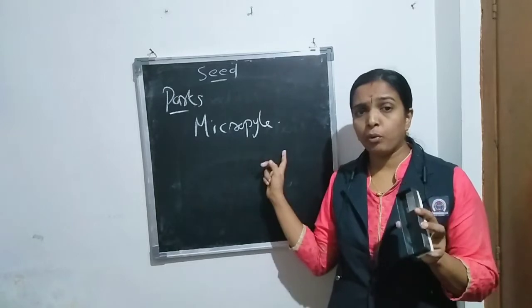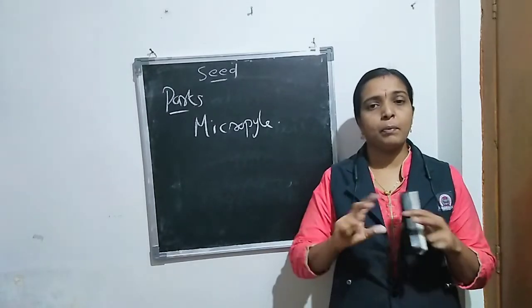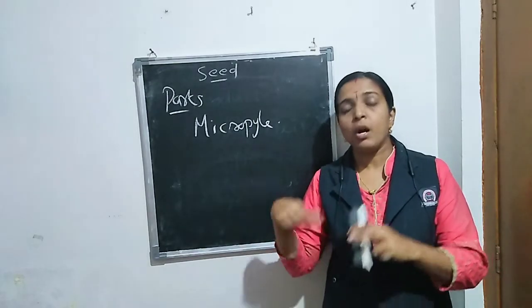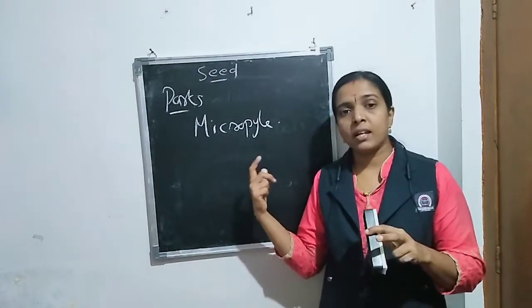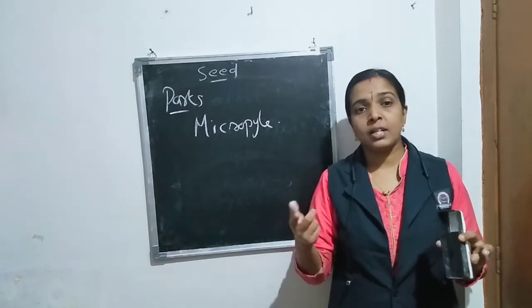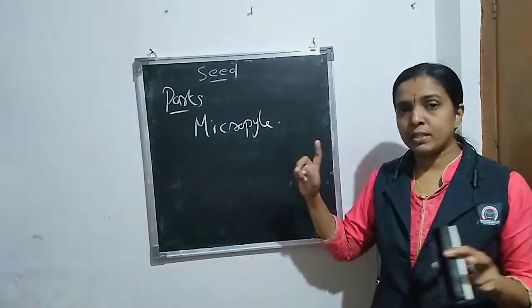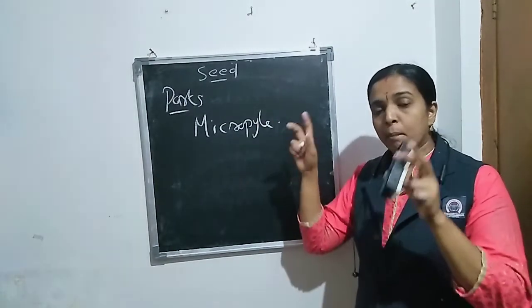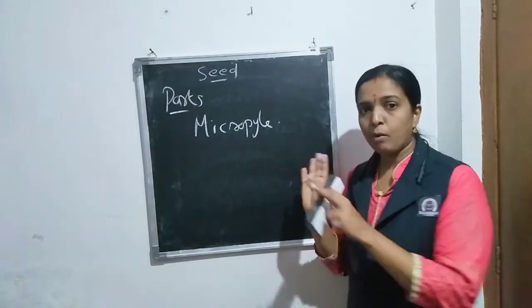In the seed and ovule, micropyle is an opening but performs different functions. Clear? In seed, it helps in aeration or respiration, and the seed can also absorb water. But in ovule, micropyle helps the pollen tube enter. That is the difference between micropyle found in ovule and the seed. But the structure is the same, an opening.